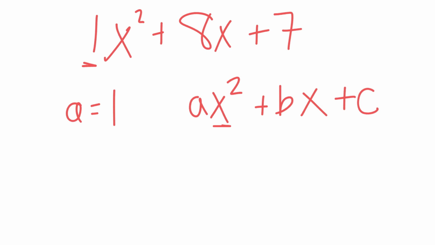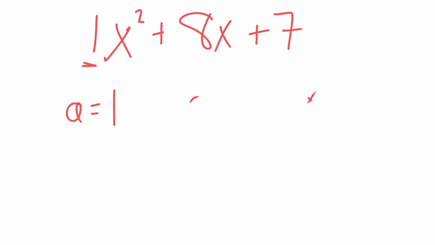So this method only works for us when a is equal to 1. It's one of the simplest methods, but keep in mind that if the problem is more complicated, this method does not always work. So when a is equal to 1, we can follow these simple steps. First thing we want to do is look at c here. So c here is 7. We want to get the factors of this number.